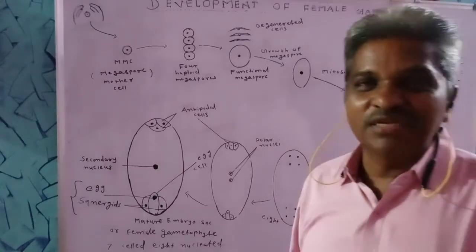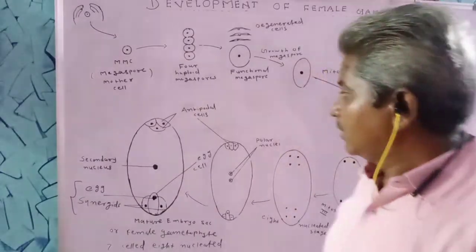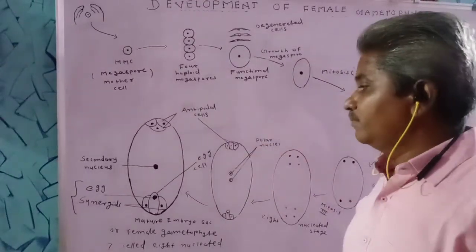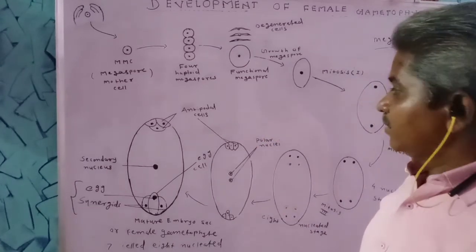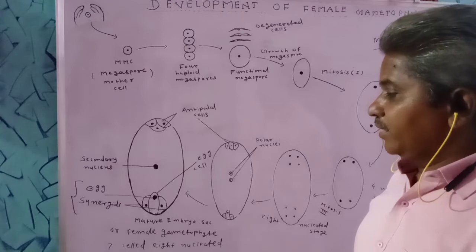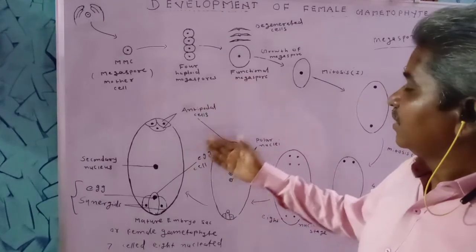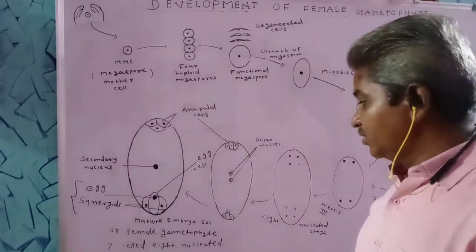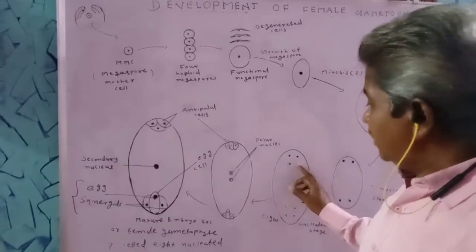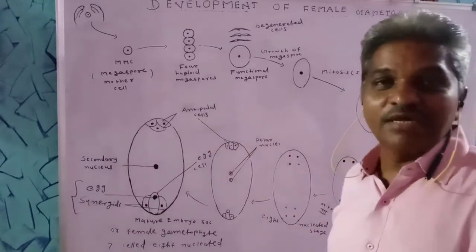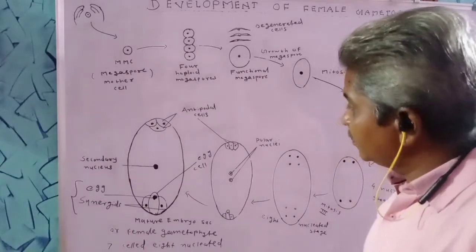So 7 cells are involved in the development of the female gametophyte. The female gametophyte is 7-celled and 8-nucleated: total nuclei 8, and total cells 7.